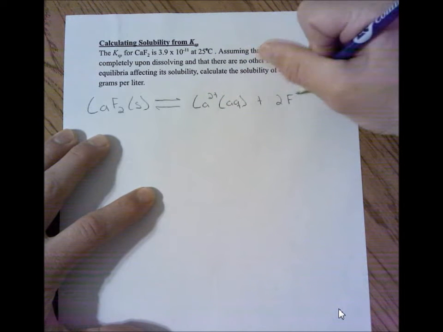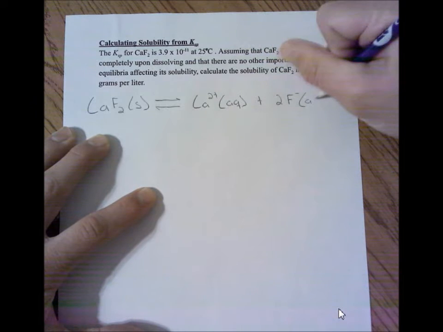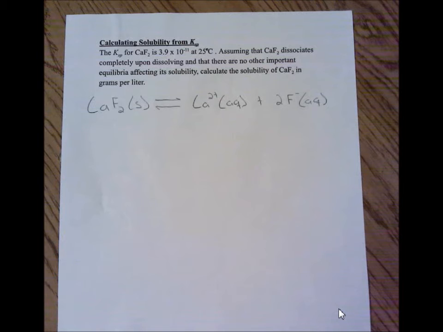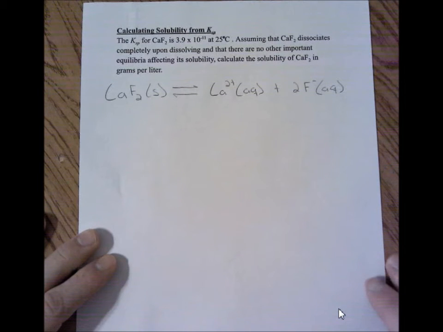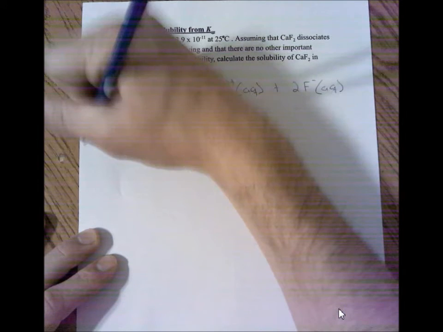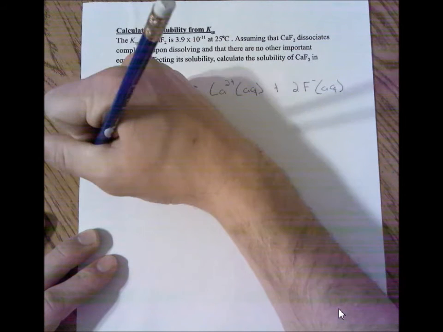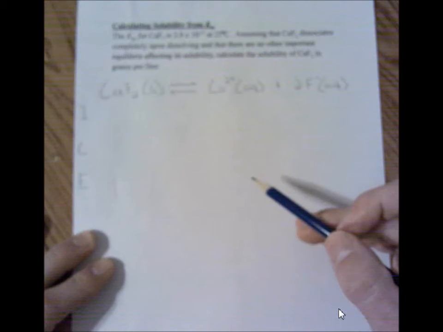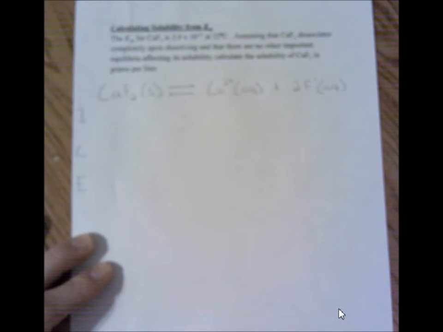Now, before I write the solubility expression, I'm going to make room for my ice chart. So my ice chart, just giving me plenty of room. I'll get to it in a second. But again, I like to see a full roadmap. I like to see a full picture before I get started.